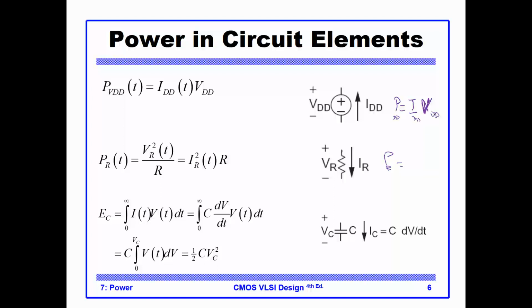So it is V times I, and for the resistance, you can replace one of them and you get one of these two equations. For the capacitance, you integrate the current and voltage, and we will see in the next example how we compute this integration.